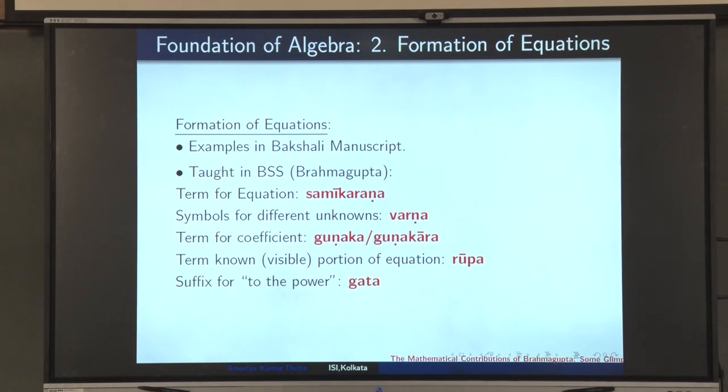Symbols for different unknowns is varna, the term for coefficient is gunaka or gunakara, the term for the visible portion of the equation, that means the known constant, is rupa. Rupa is something which you can see. So in 2x plus 3y plus 5, that 5 is rupa. And the power is called gata.